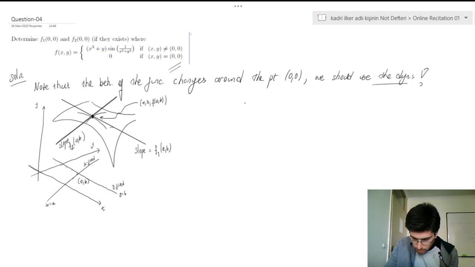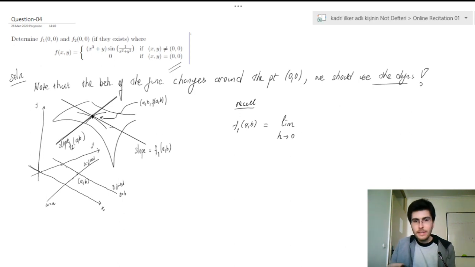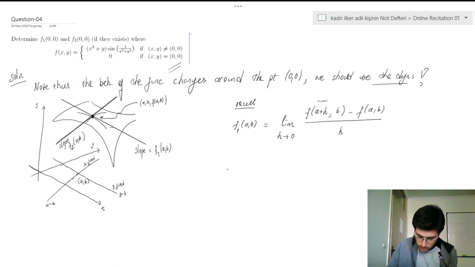Anyway, the recall is, if you want to compute f1(a, b), this turns out to be the limit as h approaches 0. Since the second slot is fixed, you want to understand the change in the first slot. Therefore, you should remember the limit definition of a derivative and apply it to the first slot. Over here, the second slot is fixed, and that's all. This will be the definition.